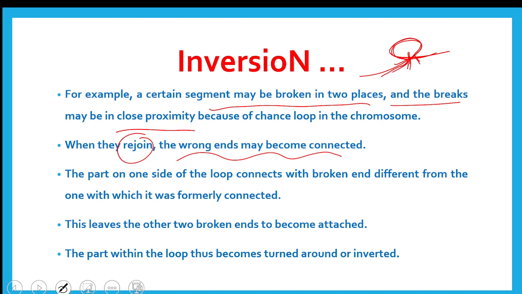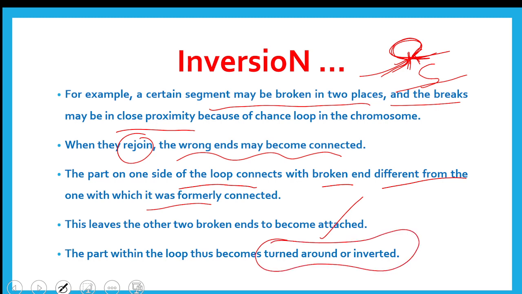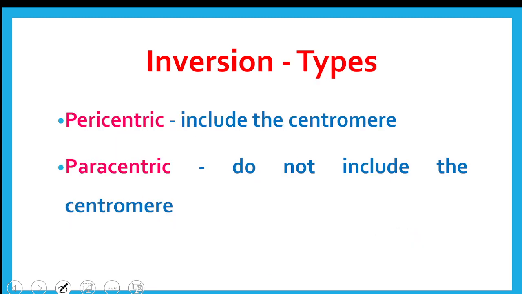The part on one side of the loop connects with a broken end different from the one which it was formerly connected to. This leaves the other two broken ends to become attached. So the part within the loop thus becomes turned around or inverted.